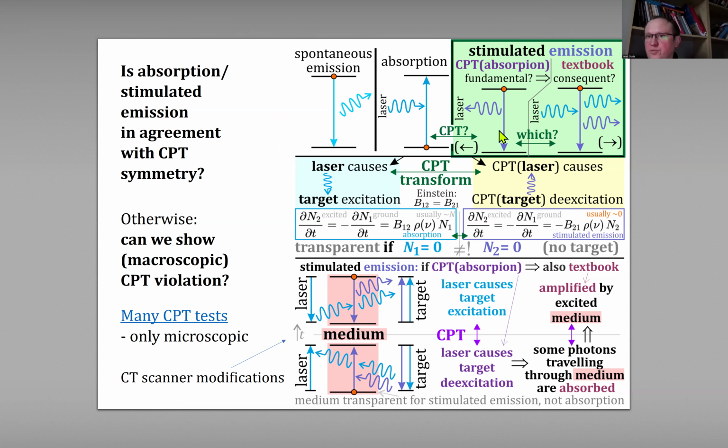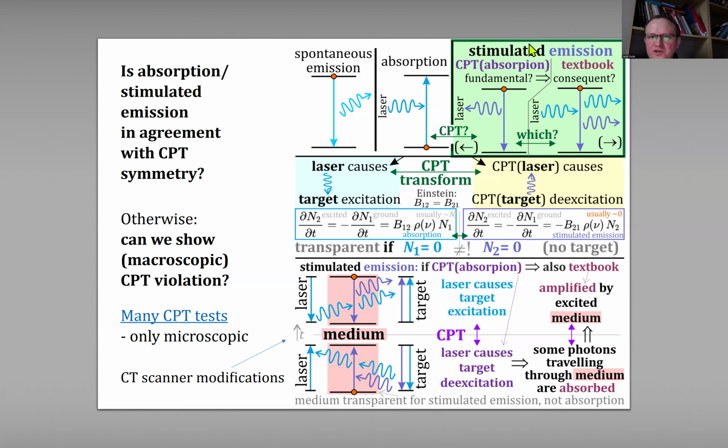And I think both are true, because this is required by CPT, and this should be a consequence, so it should also be required. So here is some explanation. Here is this scenario: one photon goes here, and now you have two photons. After performing this time symmetry, we have this situation. So what's happening?